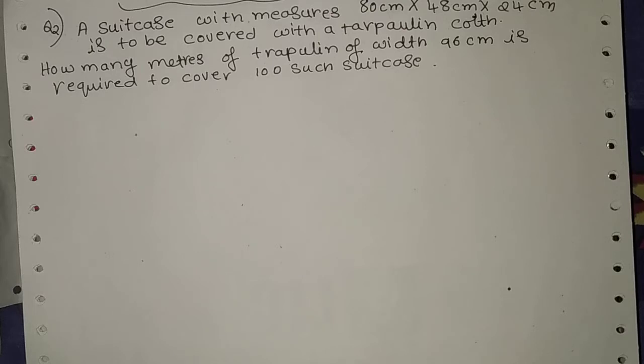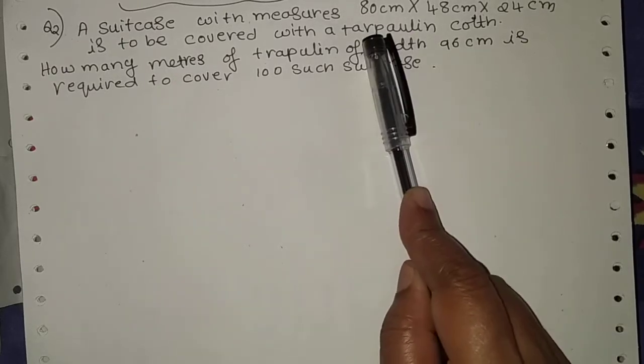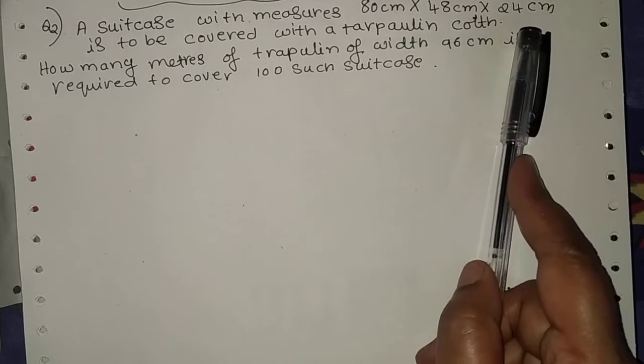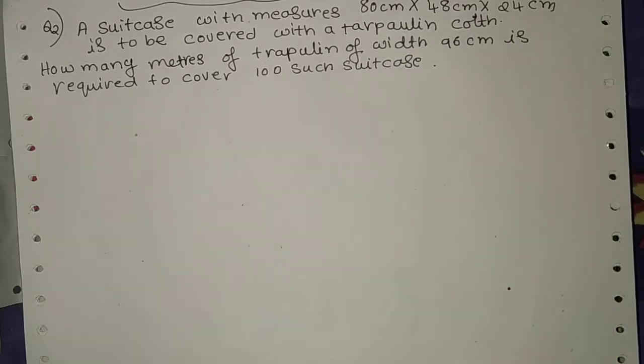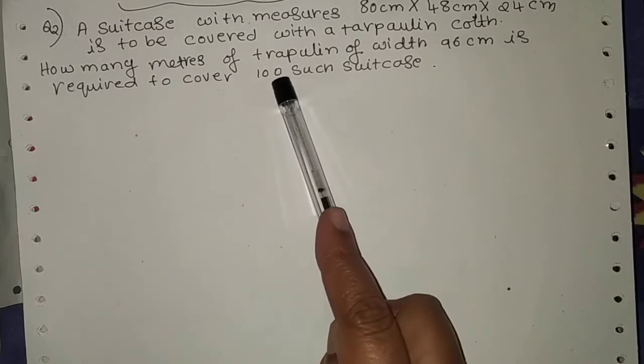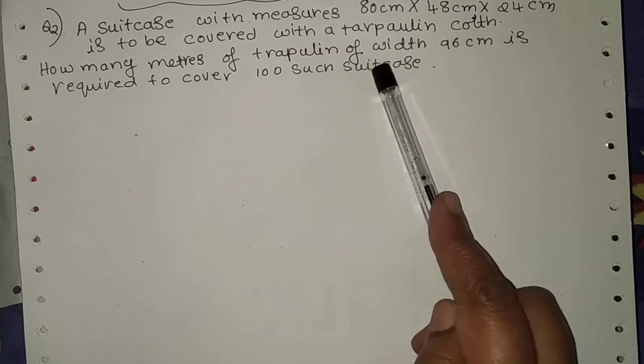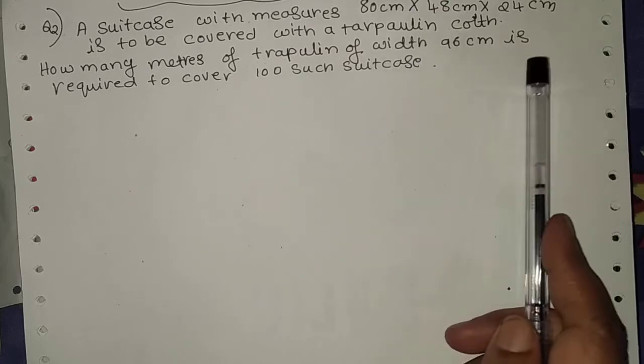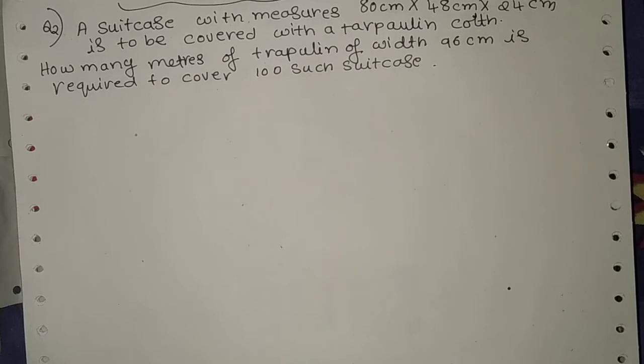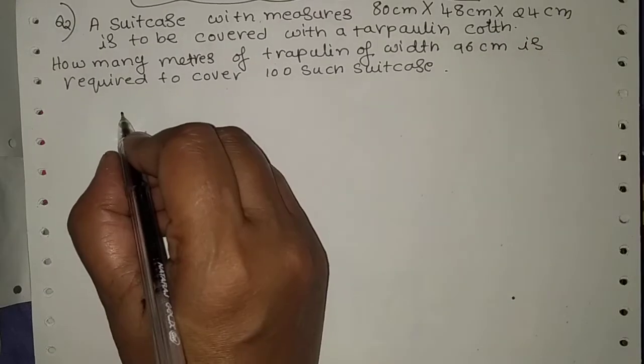How many meters of tarpaulin of width 96 centimeters are required to cover 100 suitcases? So we have to find out how many meters of tarpaulin are required to cover 100 suitcases. Now we will start the solution.